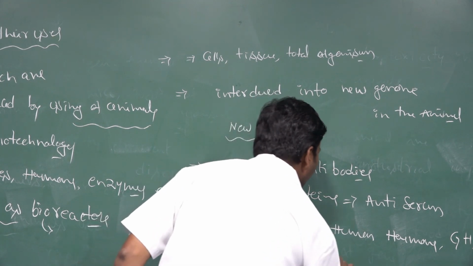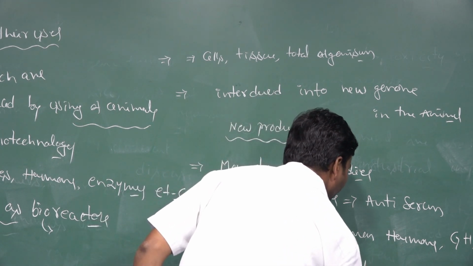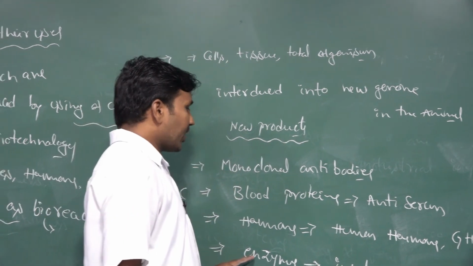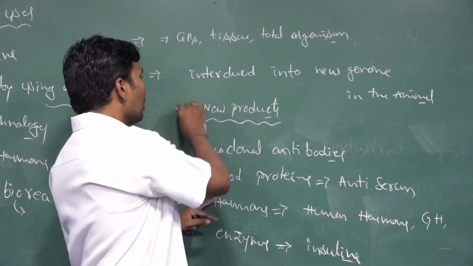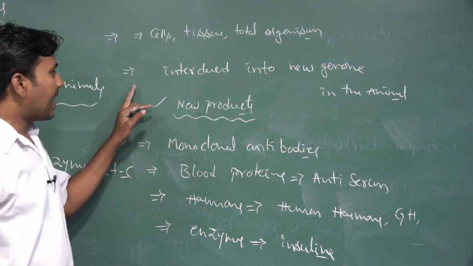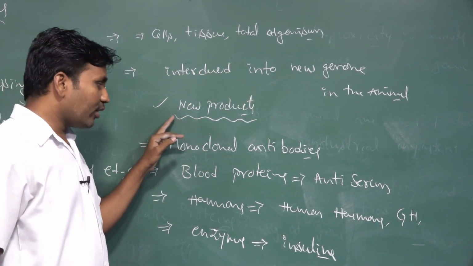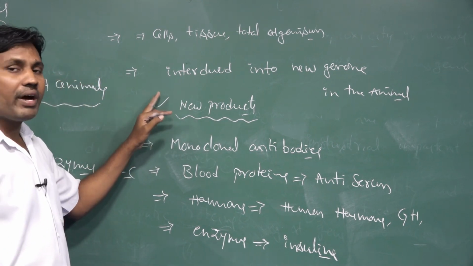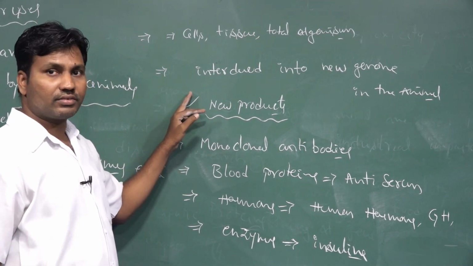Like that, insulin, human insulin. So these are the different types of products we are producing by using animals. By using the animals, these are called biological products.